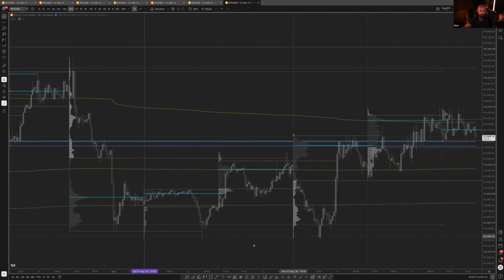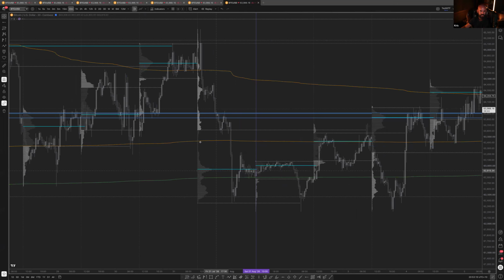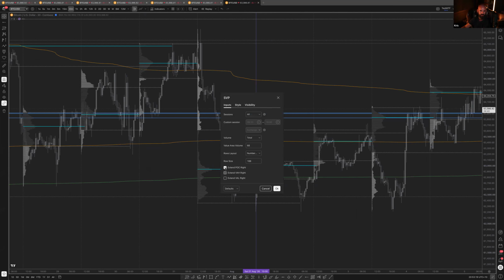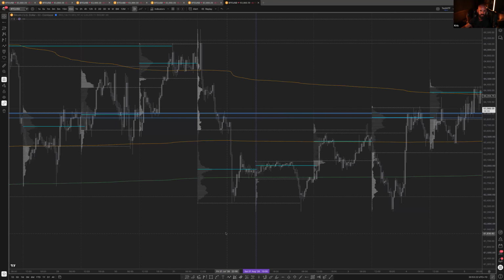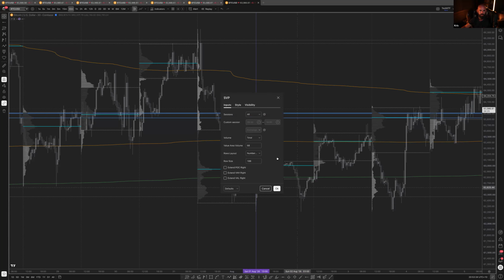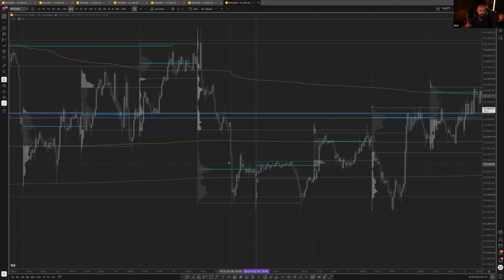But at the moment, you can see that each day just ends. So if I go into here again and I turn off these values, you'll see how each day is just confined to its close. But if I turn them back on, so we extend them to the right again, we can now see that on Friday, it's stretched out until the naked value area low, because it's naked.